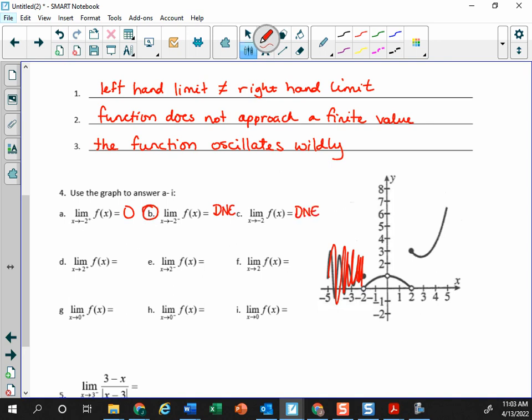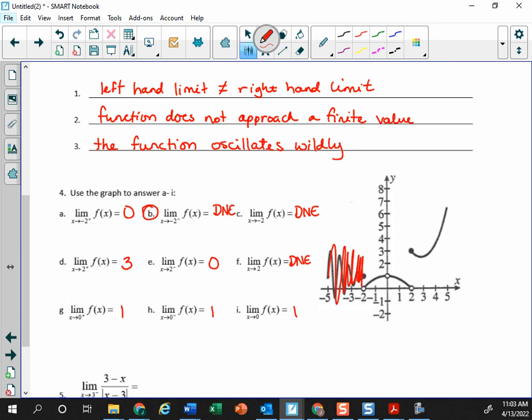All right, letter D. 3, letter E. 0, and F. Good. Letter G. H. I. Okay, good job. So we're pretty good graphically, unless it's oscillating wildly and you can't tell. Other than that, we're doing okay.